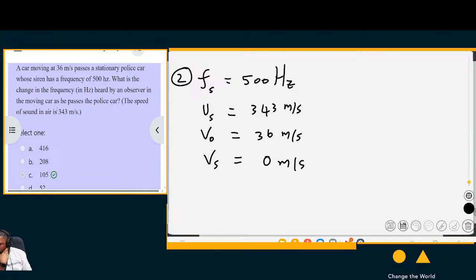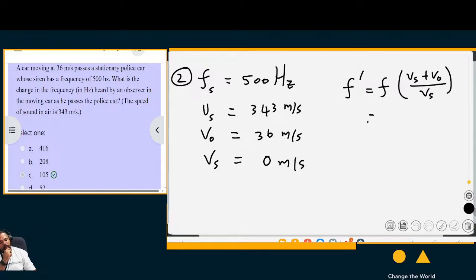Now, what is the Doppler equation for this problem? It says that the apparent frequency is equal to the original frequency multiplied by the speed of sound plus the speed of the observer, over the speed of sound.